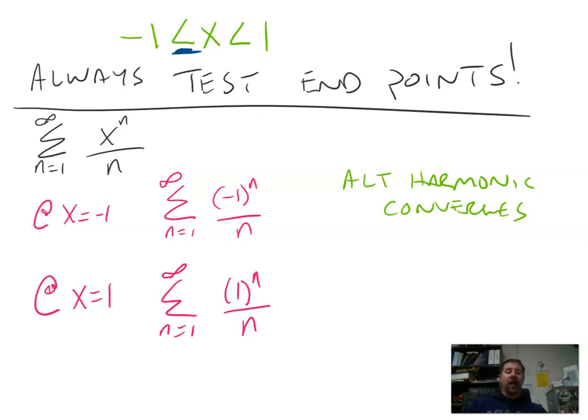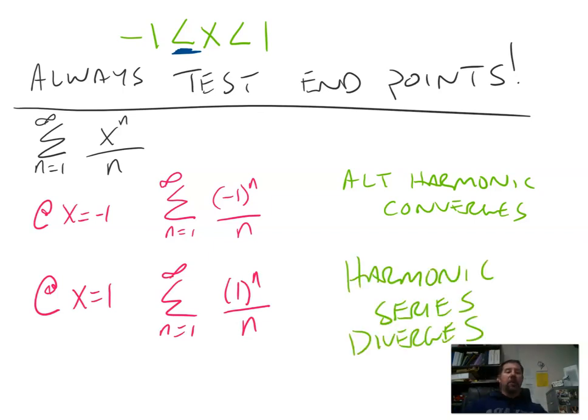So this side is going to diverge. Again, show people you're testing endpoints on an FRQ. Make sure you say why you know things converge or diverge. State the test that you are using. But in this case, our interval of convergence is from negative 1 to 1, including negative 1, but not including 1. All right, that was a nice little review of Power Series Part 1 stuff.